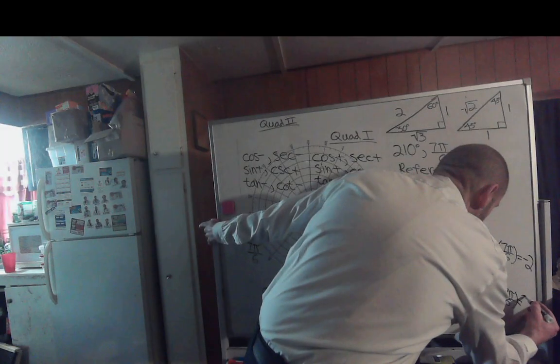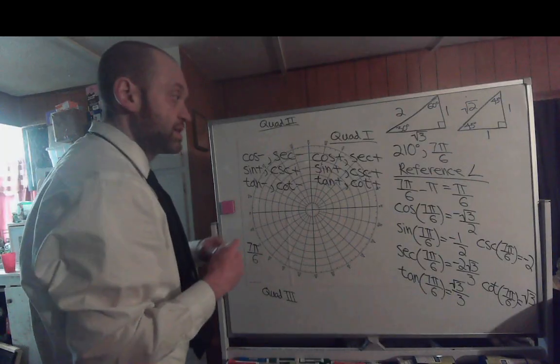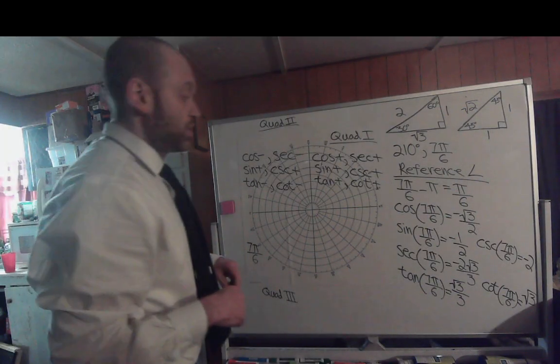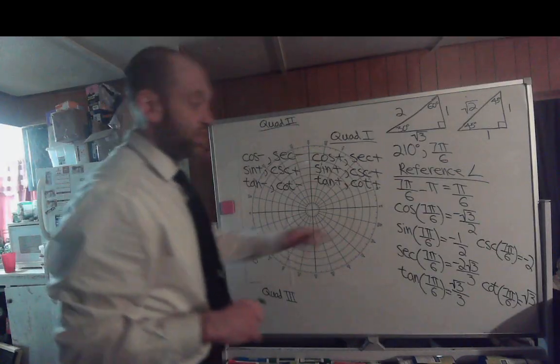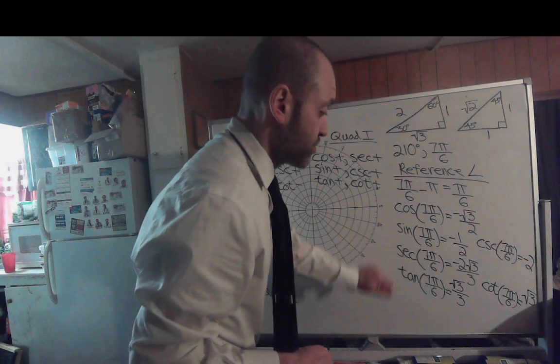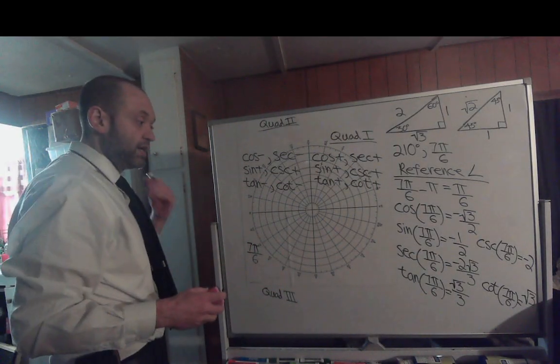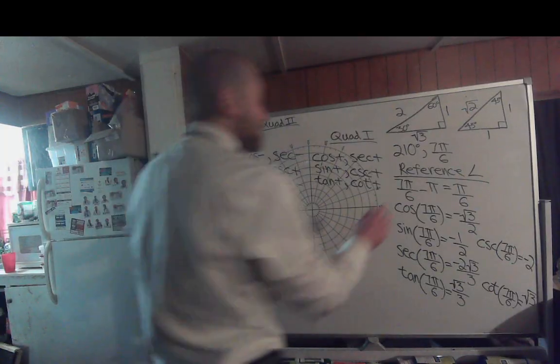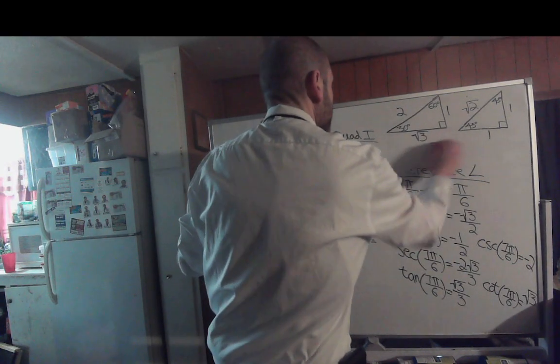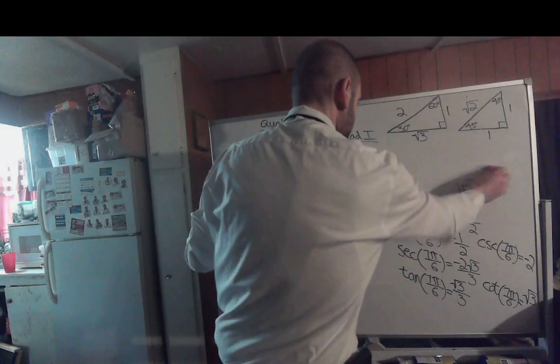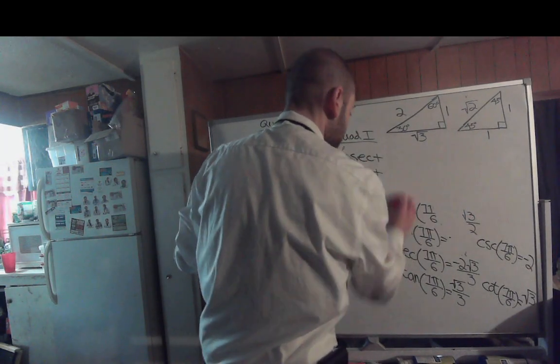So that would actually give you positive square root of 3 for the cotangent of 7 pi over 6. So far you're seeing everything is negative in the third quadrant with the exception of the tangent and cotangent, and those end up positive. Now let's continue here in the third quadrant, and you guessed it, we'll do the fourth quadrant after that, then we'll be done with the lesson.